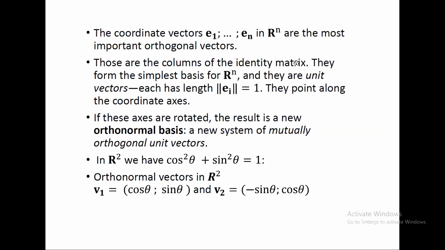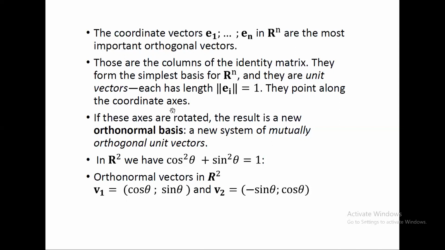These are the columns of the identity matrix, and they form the simplest basis for Rn. They are unit vectors, and each has length 1, the length of ei is equal to 1. They point along the different coordinate axes.